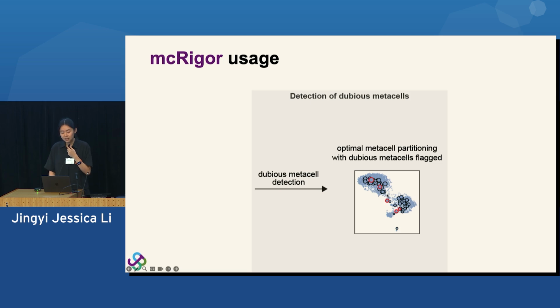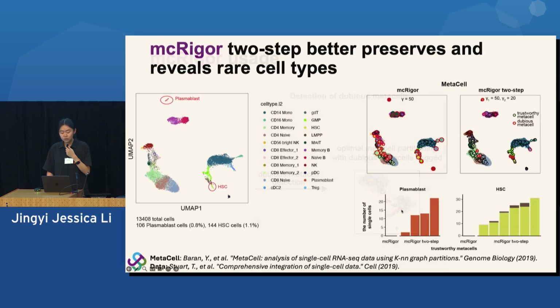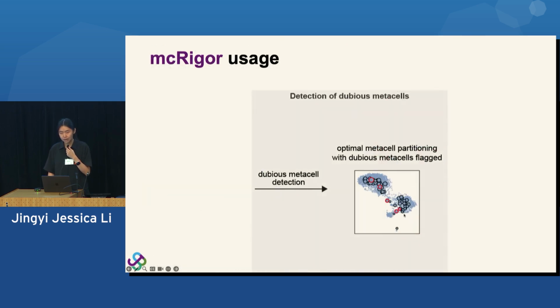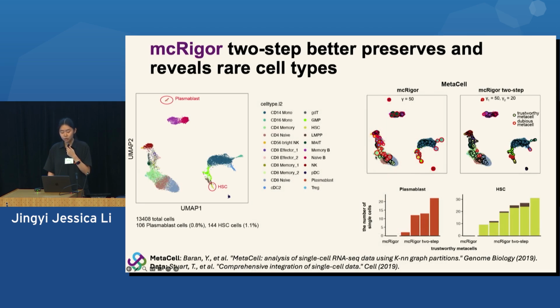Then, the next step is you can throw away these dubious metacells and not use them, or you can use another add-on we provided called mcRigor two-step. That is, you can decompose these dubious metacells into single cells and repartition them into metacells. In our paper, this is what we added during the revision.